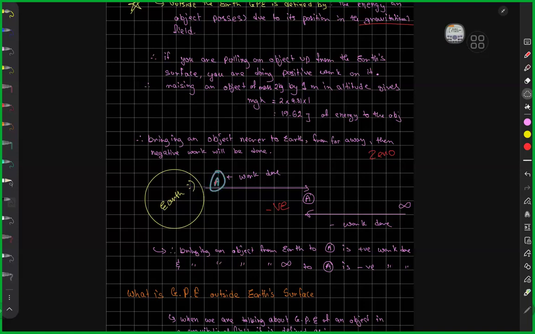And you know what the gravitational potential energy of A is as it travels towards Earth? It's negative. Negative work is done. That is the answer. That is why gravitational potential energy of any object is actually negative. Are we clear on that?